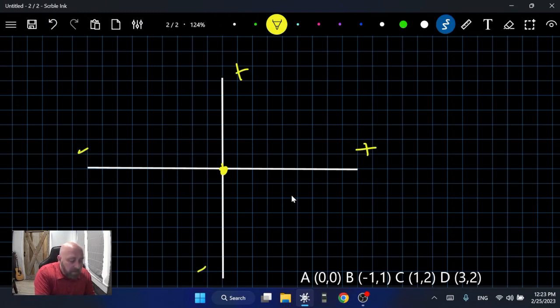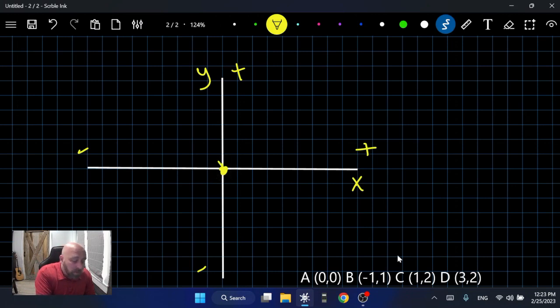Left is negative and down is negative. This is our X, and this is our Y. When we wrap our minds around those things, it will help us when plotting these points. So 0, 0 is simple, right? It's right in the middle. It's always in the middle. It doesn't change.